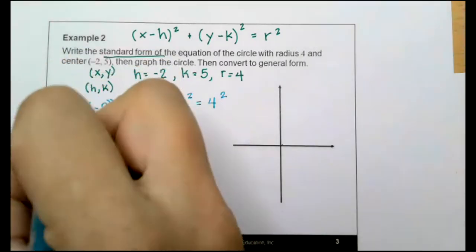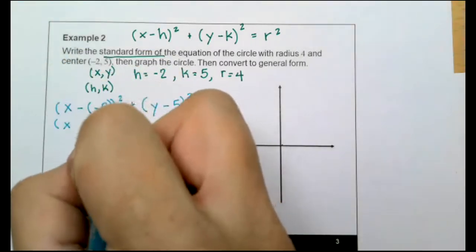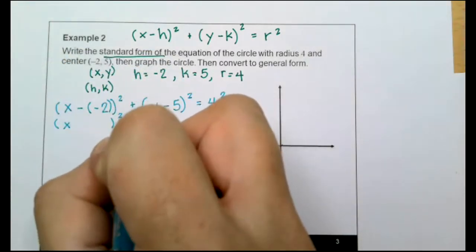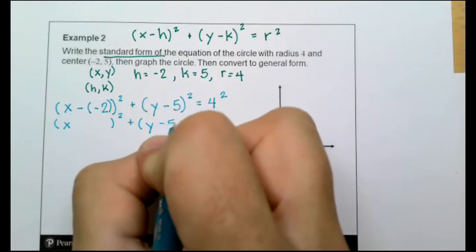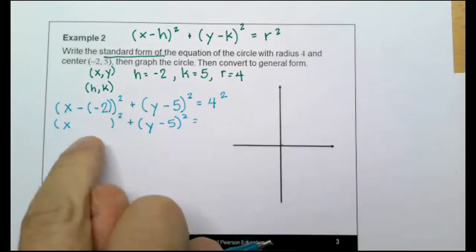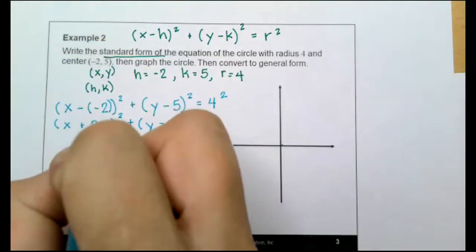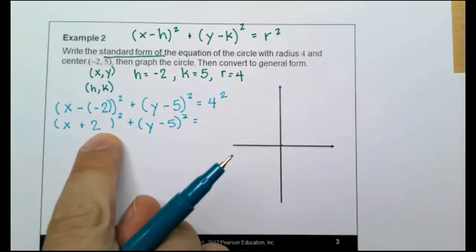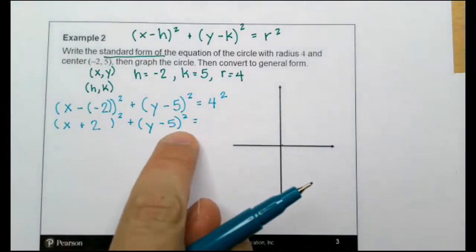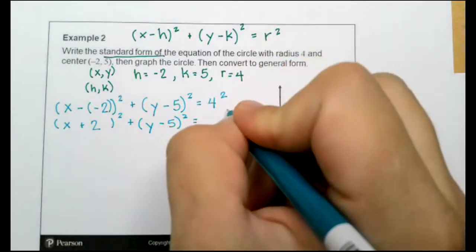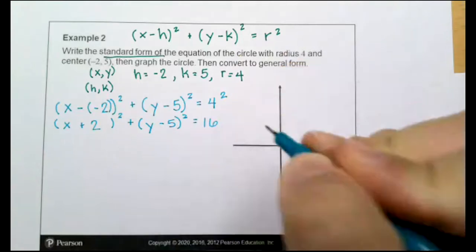So x stays the same. The squared stays the same. But minus a -2 becomes +2. So now we have x plus 2 squared plus y minus 5 squared equals 4 times 4 is 16, right?